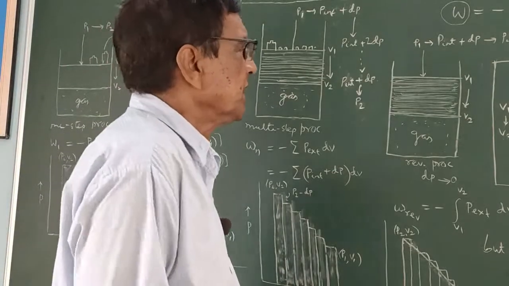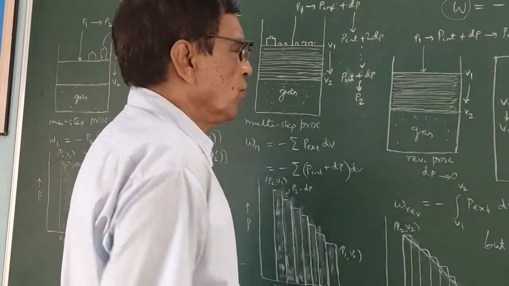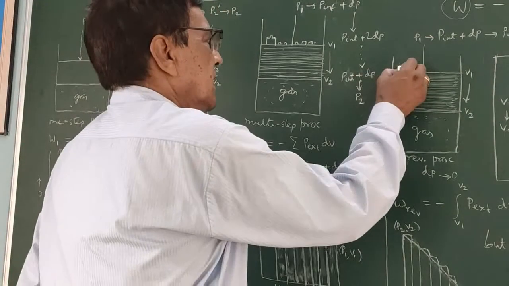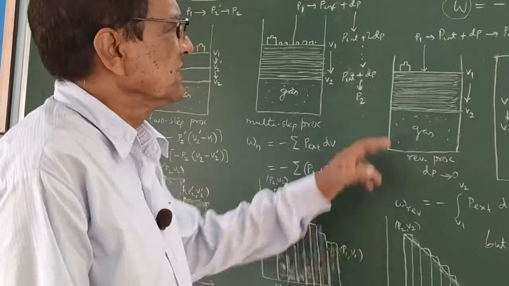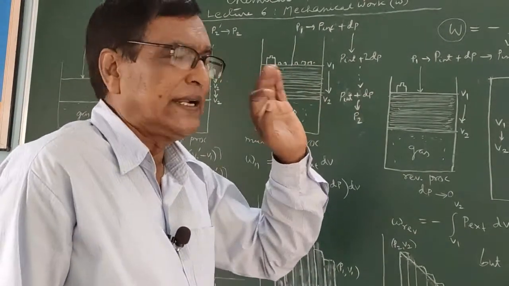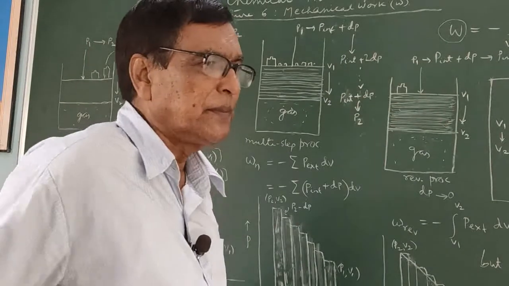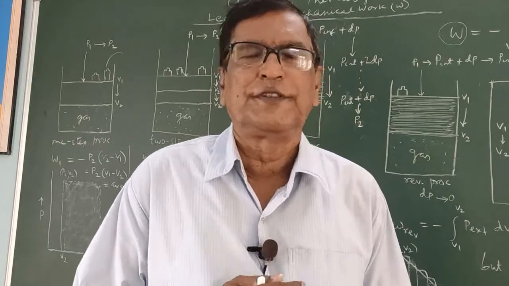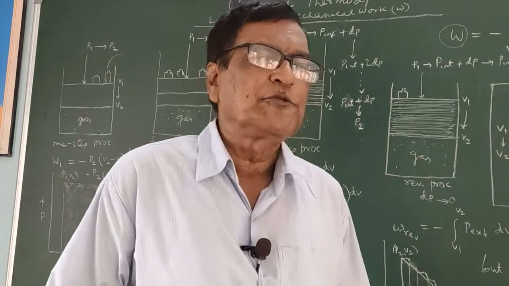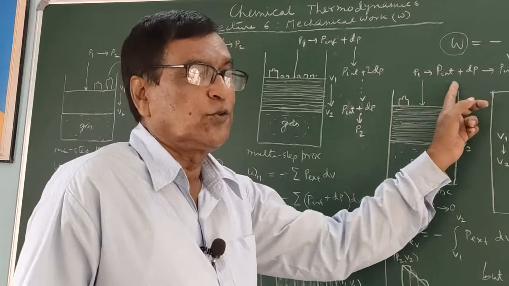If we consider the reversible process, meaning dP tends to 0, suppose here 5 kg weight is initially taken, which is equivalent to P1, and P1 and the internal pressure remain in equilibrium, and then we are adding a very small amount of weight. Suppose we are adding some sand particles at one time.